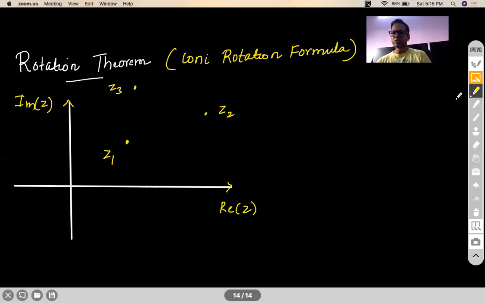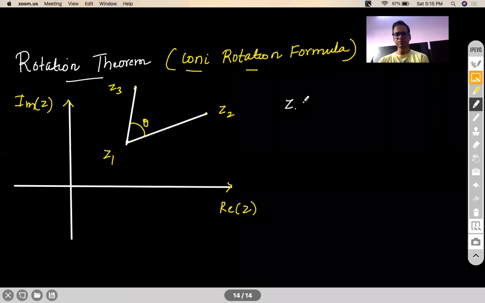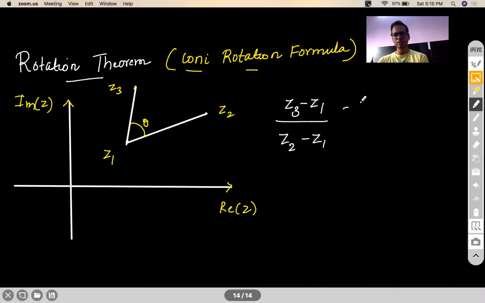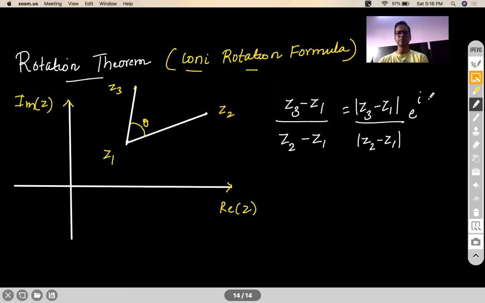Okay, so if these three complex numbers are such that this angle that I am showing right now on your screen, if this angle is theta, okay, then there is a formula which relates Z1, Z2, Z3 and theta with each other, and that formula is, okay.